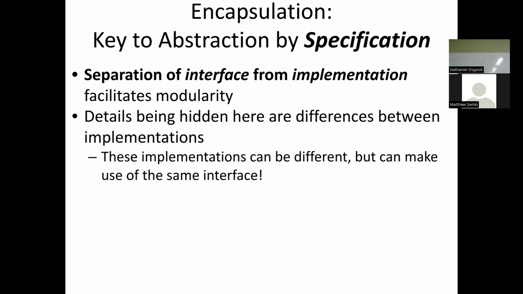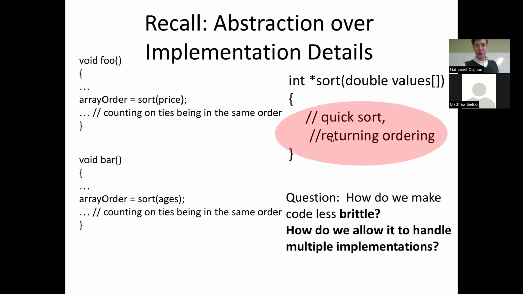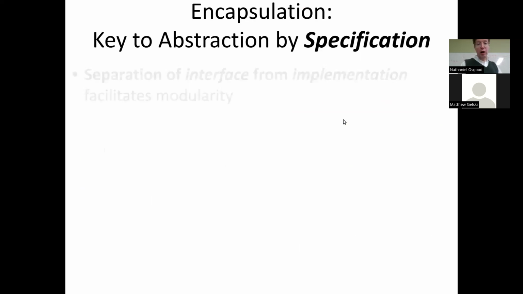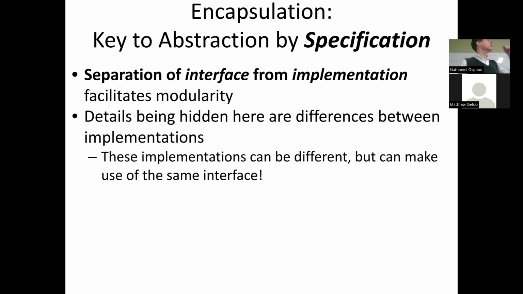We hide those details by an interface, and we say the person who creates the abstraction, in this case, like sort, can choose an implementation as long as that adheres to certain properties that are specified in the interface.